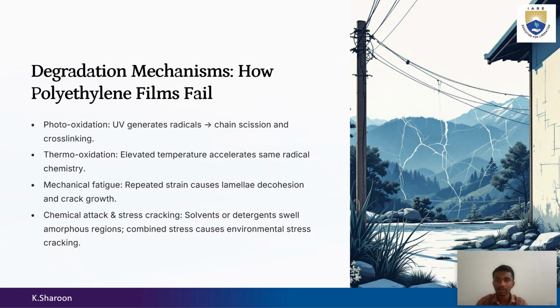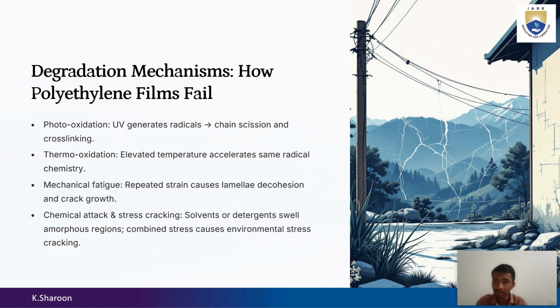Degradation mechanisms: how polyethylene film fails. Photooxidation is one of them. UV generates radicals, causing chain scission and cross-linking. So this breaks down and cross-links the chains, which makes the polyethylene film fail.